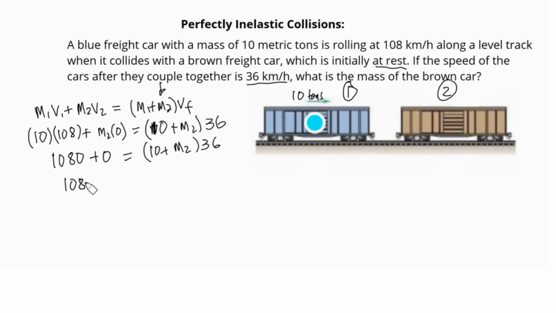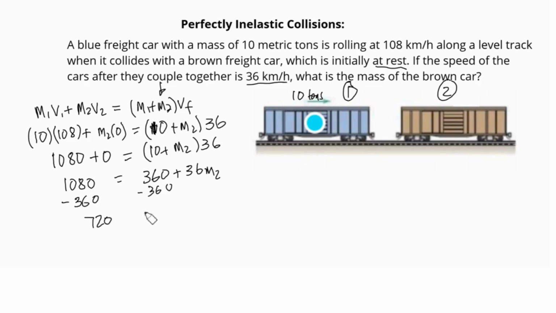So then I have 1080 is equal to, and I'll multiply this out, 360 plus 36 m2. All I did was distribute that in there. And I'm going to subtract 360 from both sides. So 1080 minus 360 is 720.